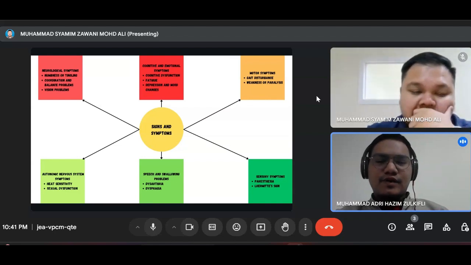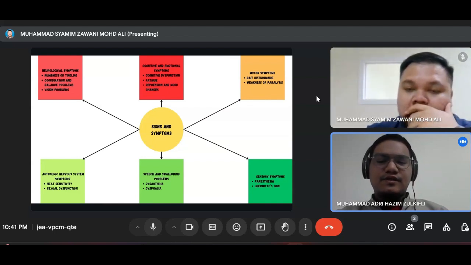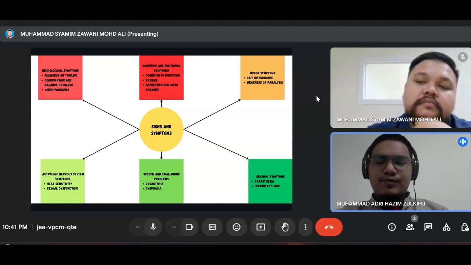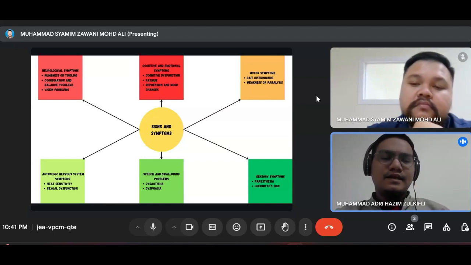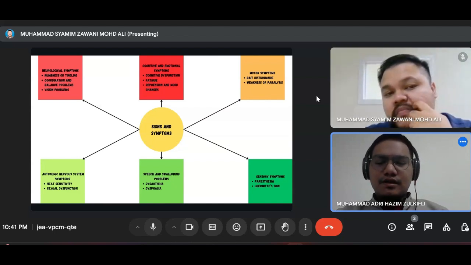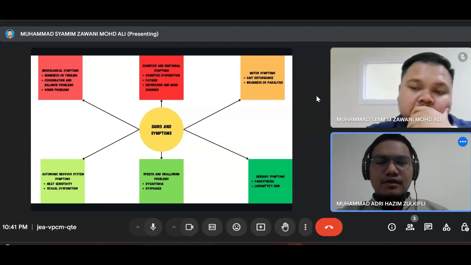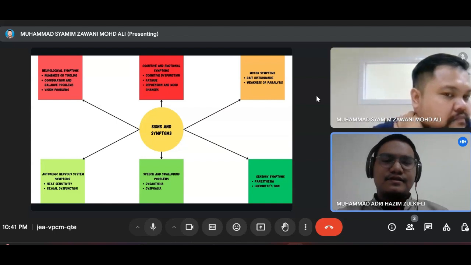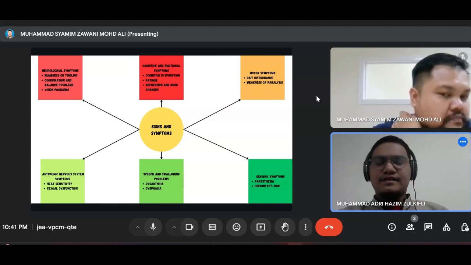And next one is dysphagia, which is difficulty swallowing, which can lead to choking, aspiration pneumonia, and malnutrition if not managed well. And lastly is the sensory system, which is paresthesia and Lhermitte's sign. Okay, next.